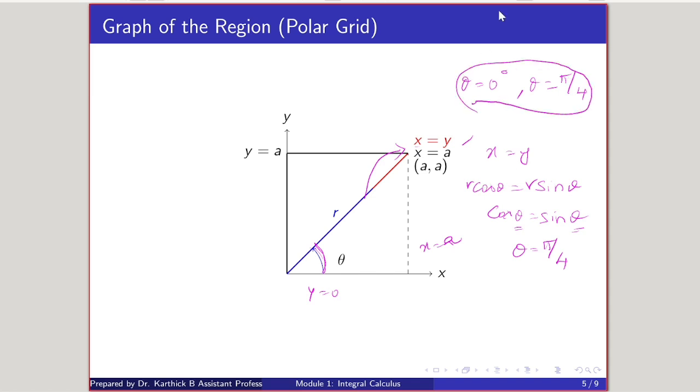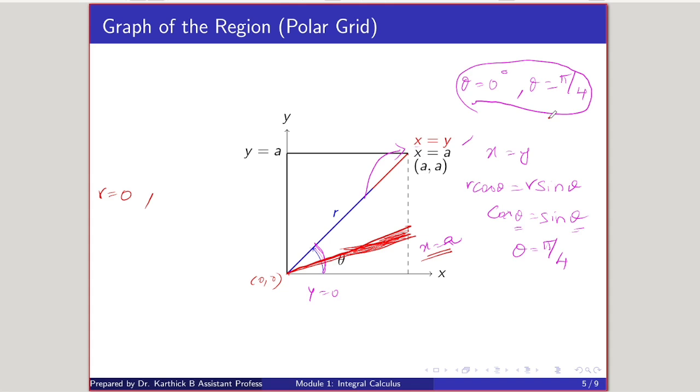Next we have to go for the r limits. I have told you that r starts from the inner radius to the outer region. So this will be the variation of r. Clearly the lower limit of r will be 0 again, because it becomes (0,0), and the outer region joins with the graph x equal to a.